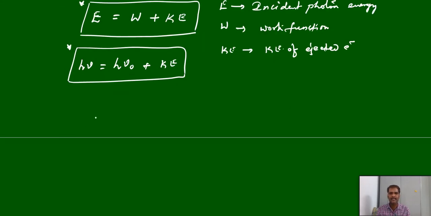If they ask for the kinetic energy of the ejected electron, then you can use h nu minus h nu 0, or you can take h common, h times (nu minus nu 0), and this is the kinetic energy.